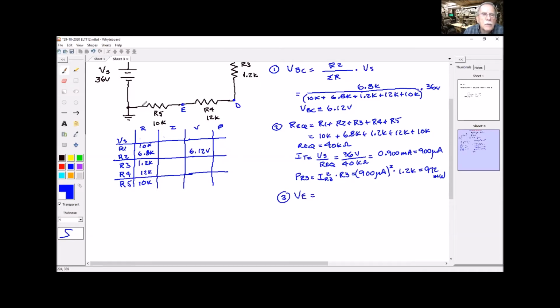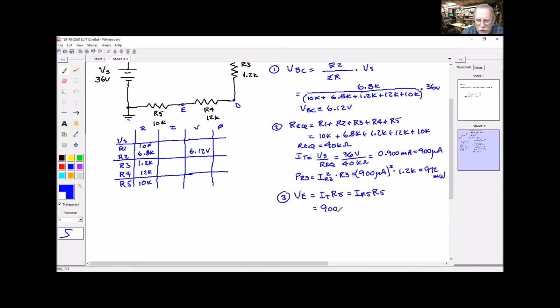The third thing was find VE. Well, E to ground is 5 volts. R5. So I can say it's IT times R5, or I could write this as I sub R5 times R5, since the current through all the resistors in the series is the same.